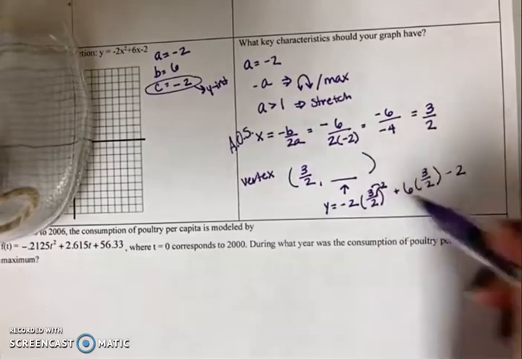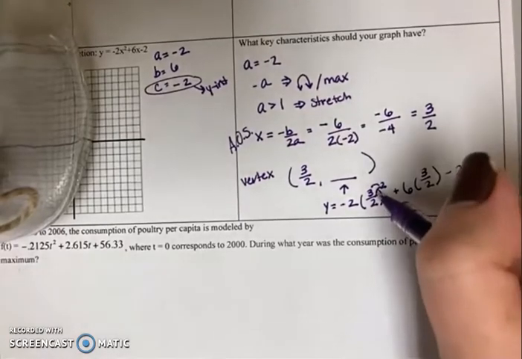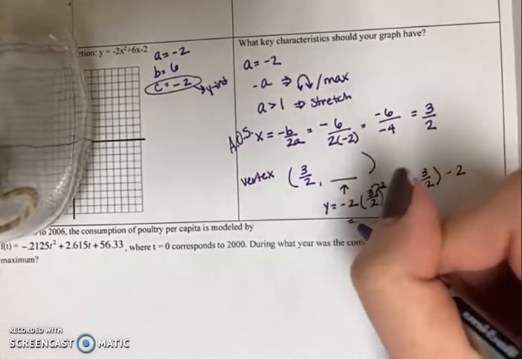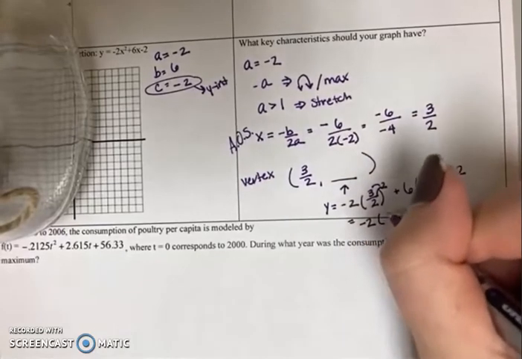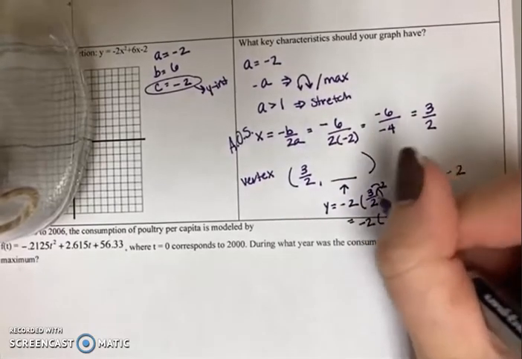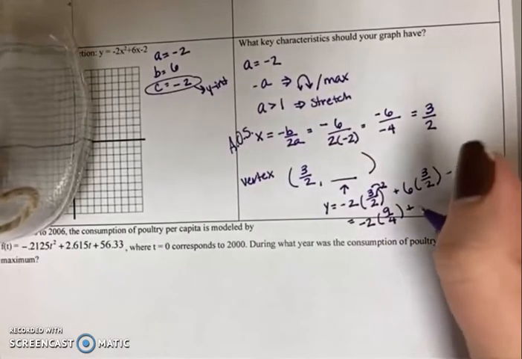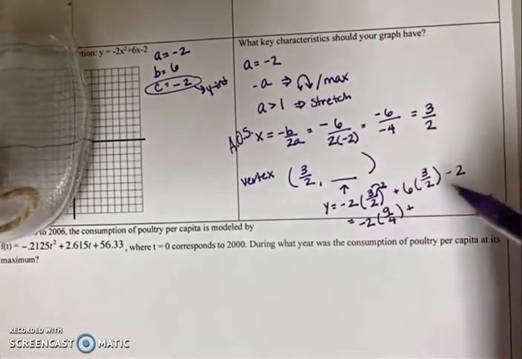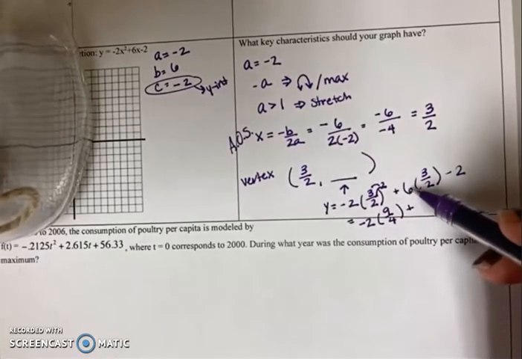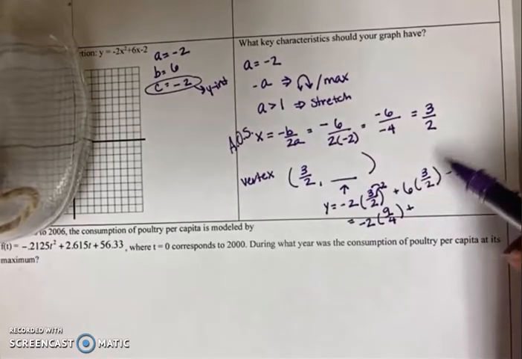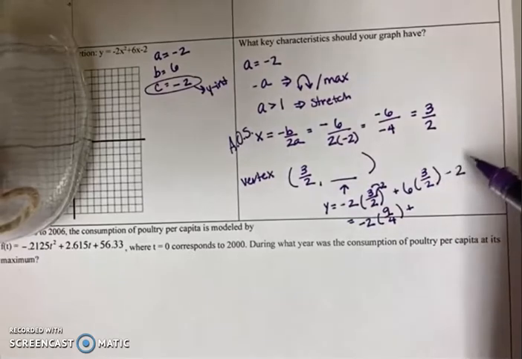I'm going to distribute the power to my 3/2. So this becomes -2 times 9/4, because 3 squared is 9, 2 squared is 4. Plus, now here, when we multiply fractions, remember you go across the top, across the bottom.